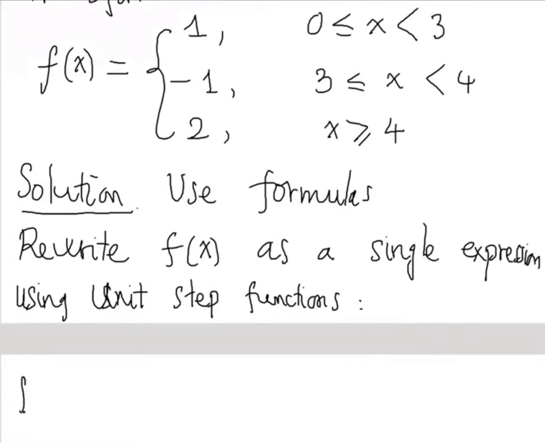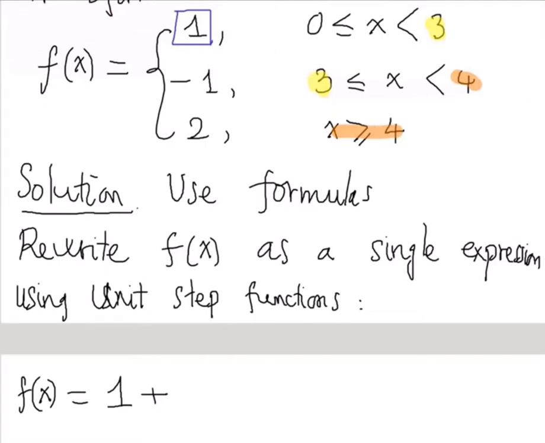We have f of x equals, the very first formula is 1. We begin with that 1 plus. Now in the definition of the function, there is a change when we go beyond 3, right? Between 0 and 3, we have the first formula, but then beyond 3, we have a new formula, and then beyond 4, we have a different formula as well.